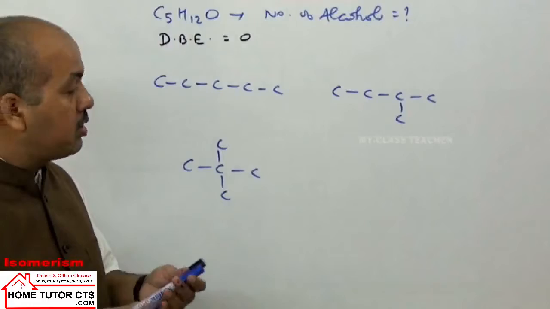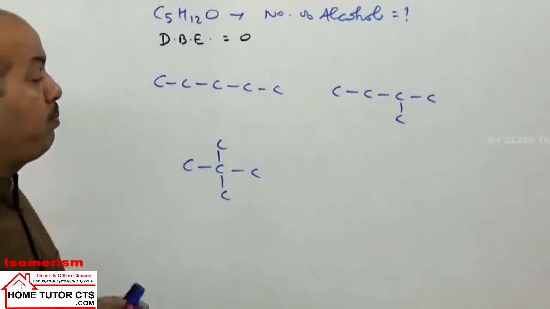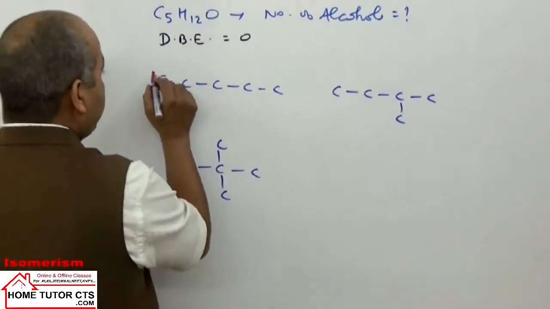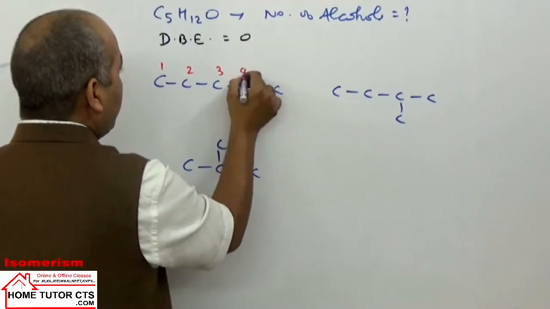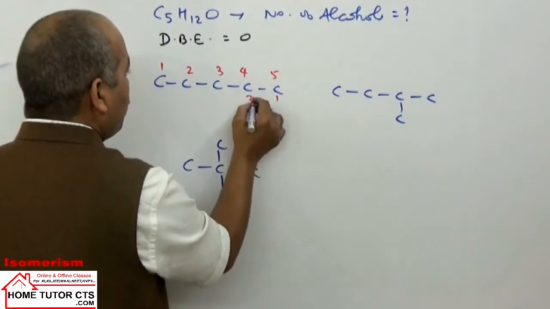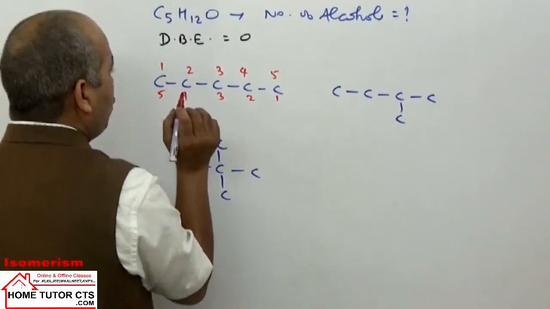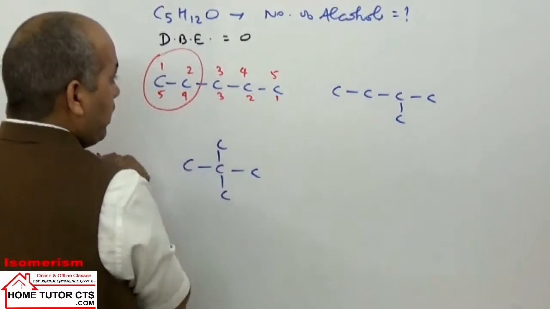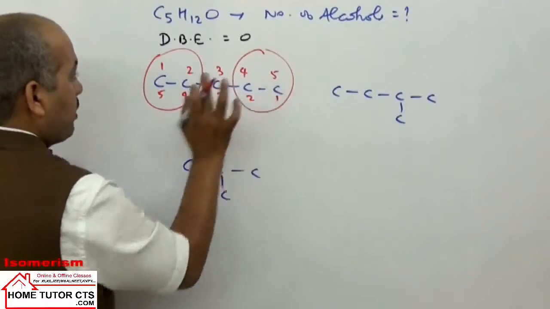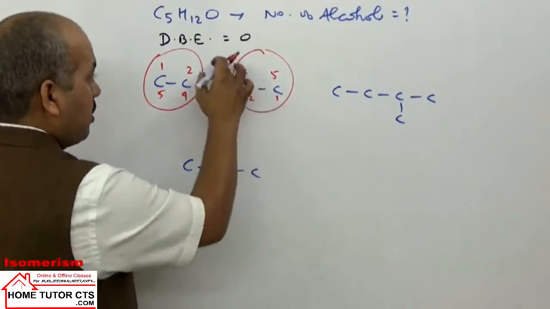In the 3 chain isomers, now we can think of the possibility of positions. Position-wise, if you take numbering 1 2 3 4 5 or 1 2 3 4 5, how many different positions can we have? 1 and 5 are identical, 2 will be the same as 4, and if numbering is done in reverse, 3 is the same type.